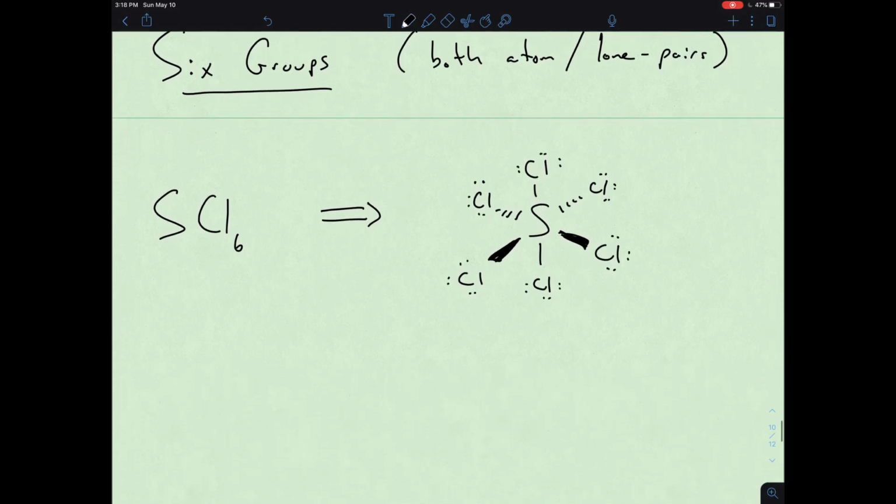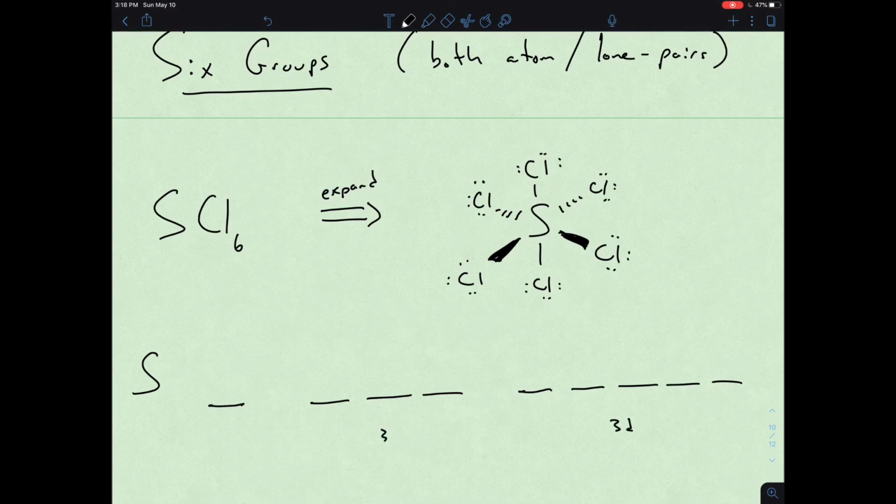So looking at the sulfur, we know it has to expand in order to do this process. And so here's our valence shell, which looks like this.